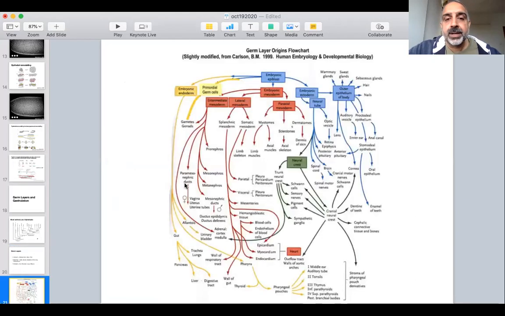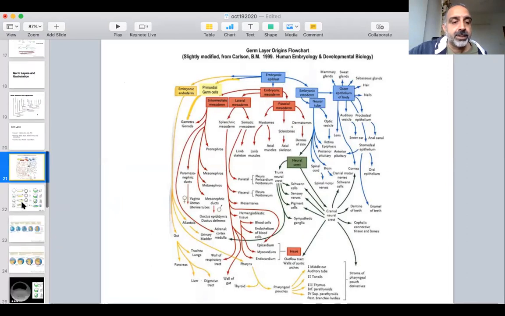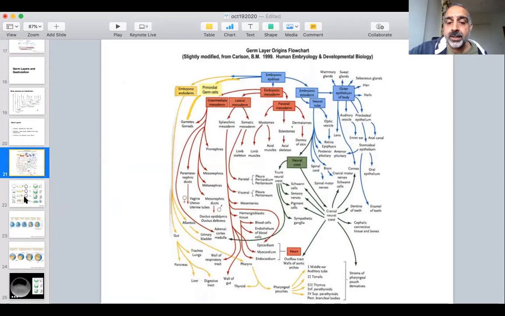And this is a much more complicated germ layer flowchart that I've taken from Carlson, showing all of the derivatives of all the various embryonic layers, okay? And we don't need to go into that in too much detail.